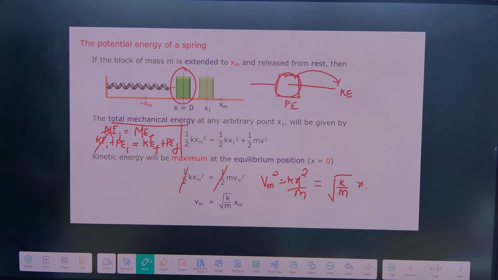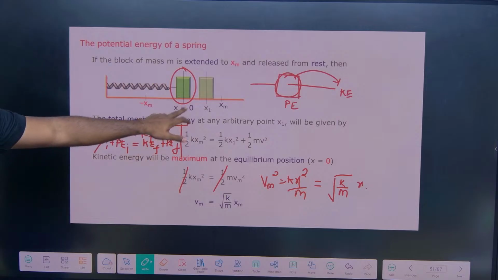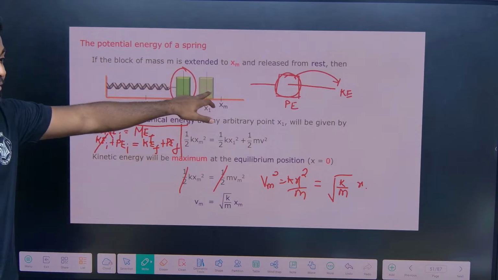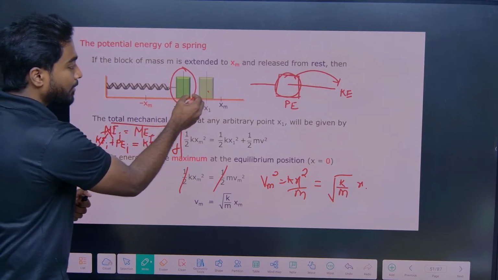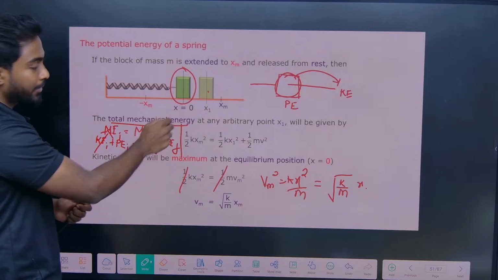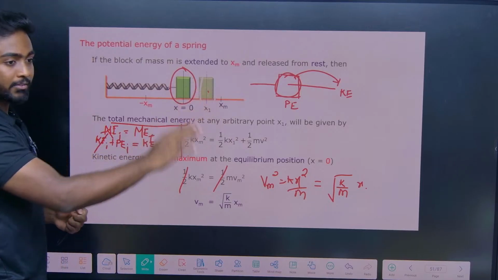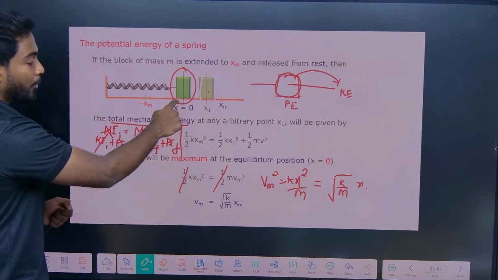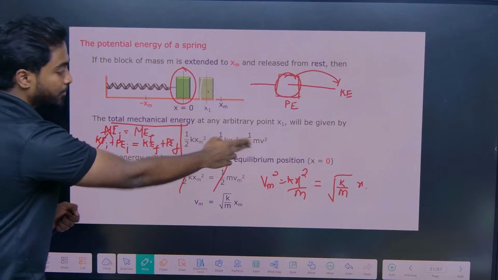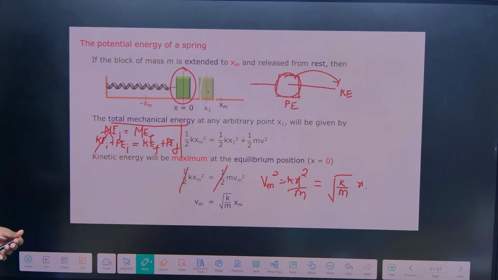Here x will be 0, and in this case velocity will be 0. Here I started moving, so velocity will be there. At this point velocity becomes 0 at the final point. At this point x will be 0, so that is the substitution I have taken here. Got it?